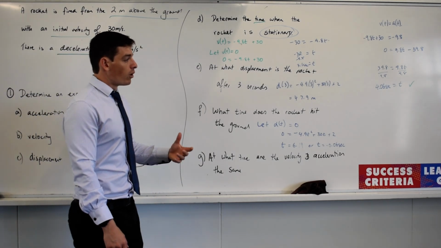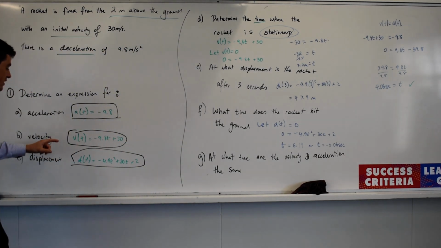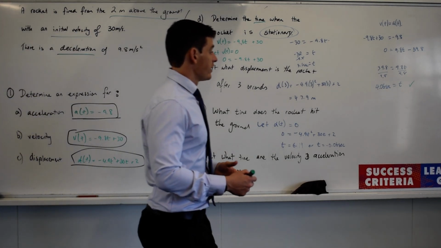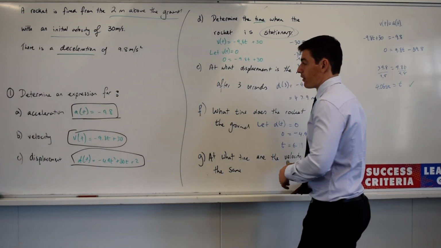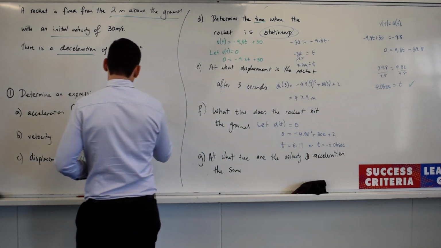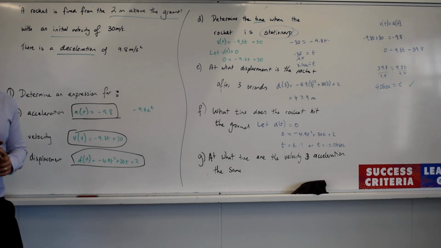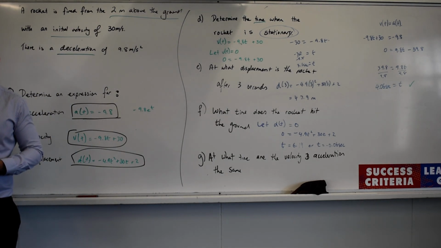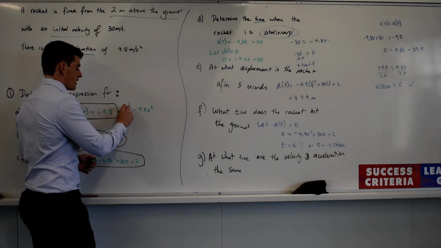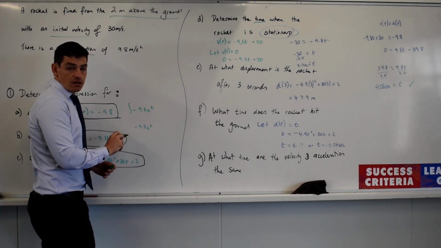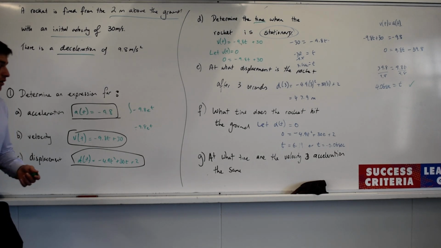Now, I want to emphasise that with this C, you have to go through the process. For example, if my acceleration equation was negative 9.8 e to the power of t, and I integrate that, what does it become? Negative 9.8 e to the t, correct? It's got an initial velocity of 30, so I've got a plus c.